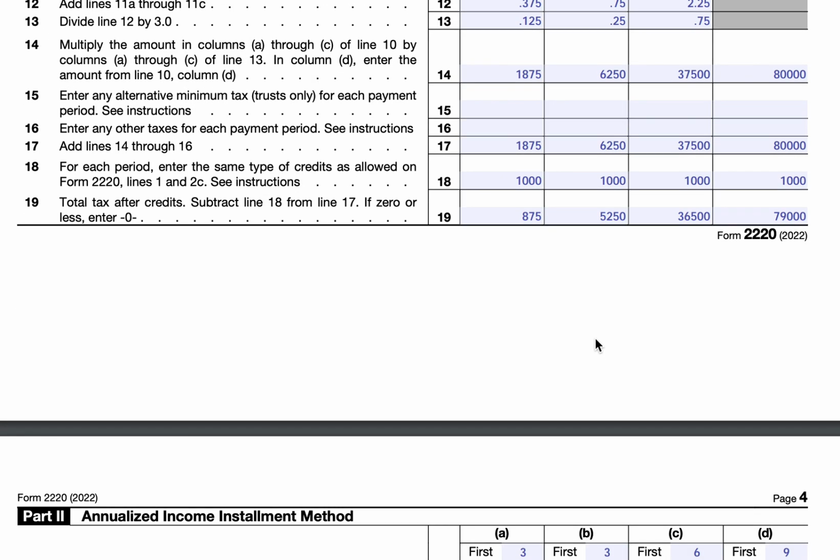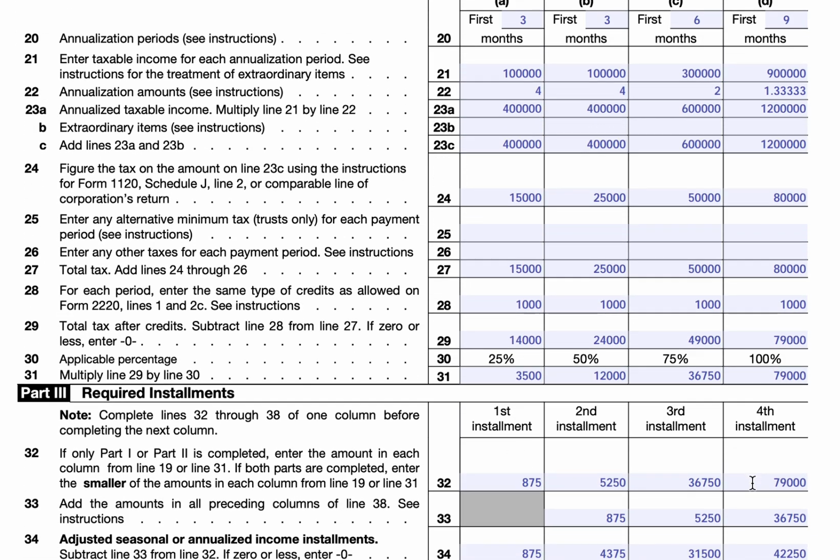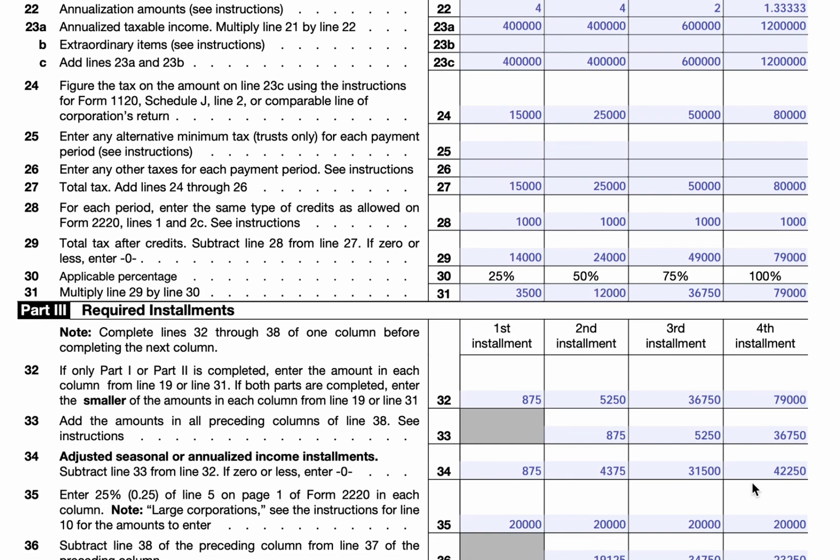So in the first part of the tax year, our tax liability is lower because we haven't realized all of this income. And then it's not until we get to here, the second half of the year, where the income starts to catch up. So we're going to use those numbers. We drop those down here. And then we're going to go column by column. So first installment, in column A, we don't have any preceding columns from line 38.